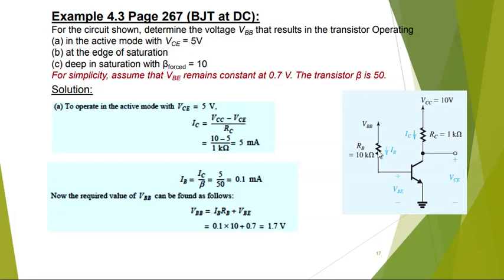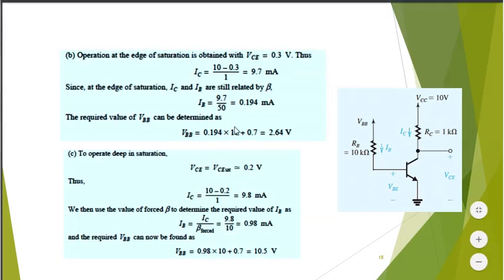And when you find the value of IB, which in this case is 0.194 milliamps, then VBB is easily found again, because VBB minus 10 times IB minus 0.7 will be 0. So VBB in this case will be 2.64 volts.